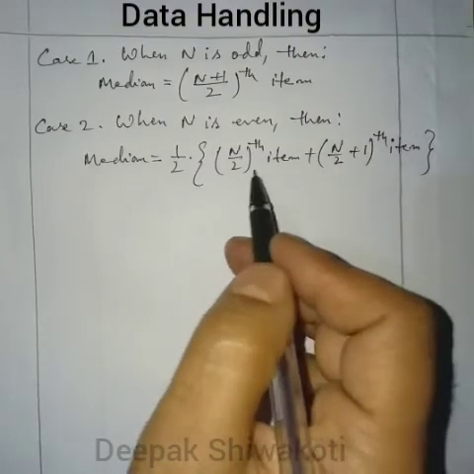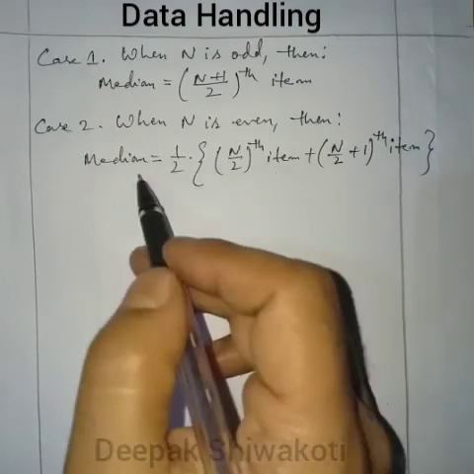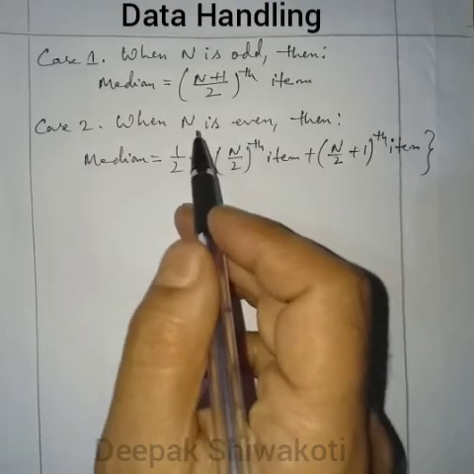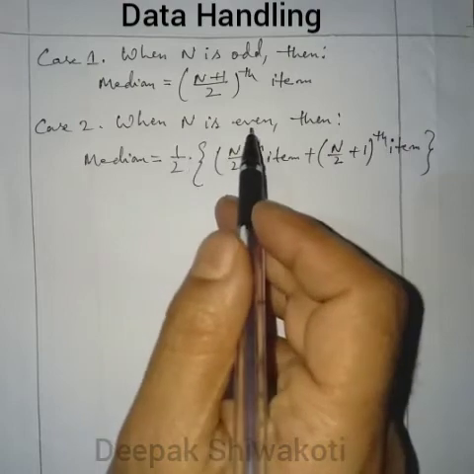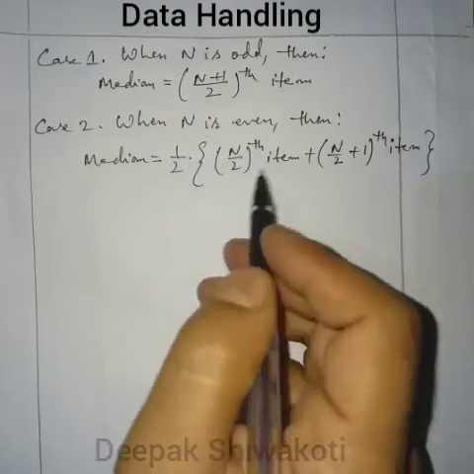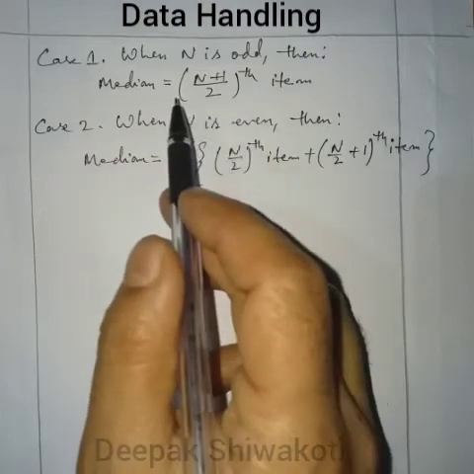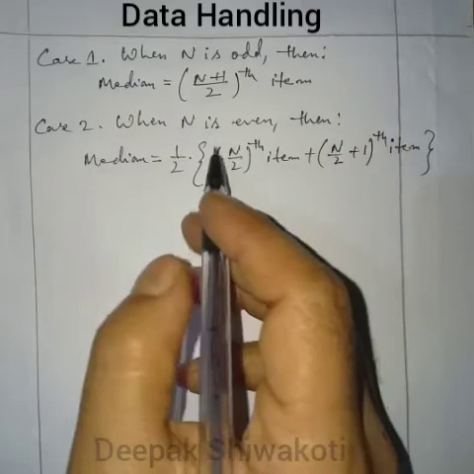Half of the sum of these two is the median when n is even. If the total frequency is odd, we use the other formula. So we have to remember the formulas.